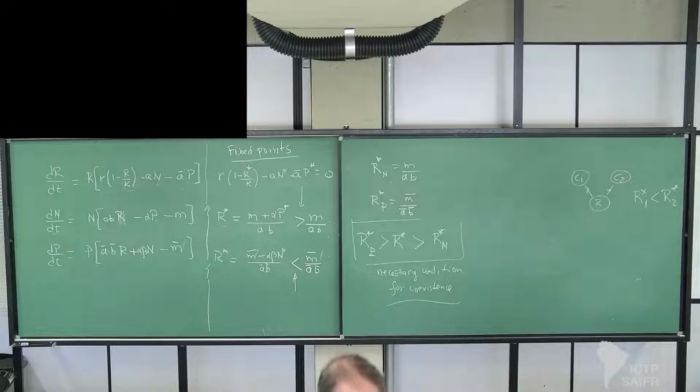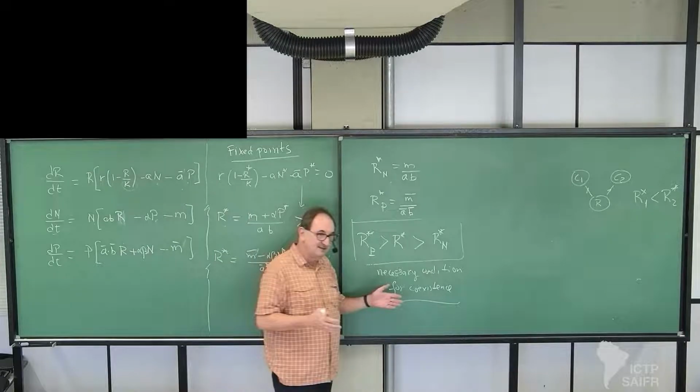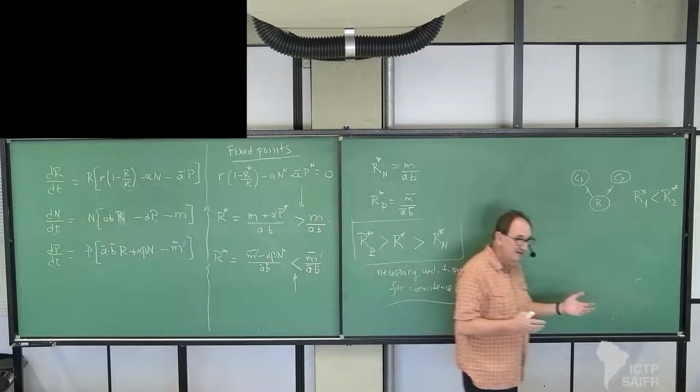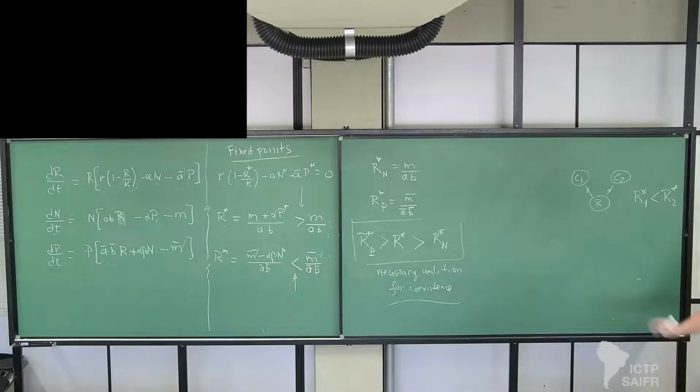I'm just trying to show you what this kind of modulus represents. It represents the possibility of coexistence under intraguild predation, but I just found a necessary condition, I didn't find a sufficient condition. That's in papers and so on.